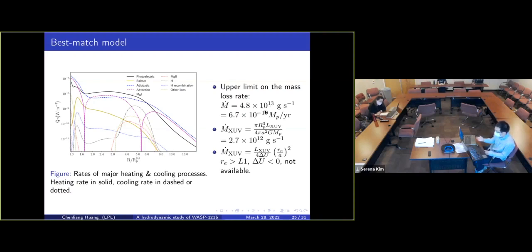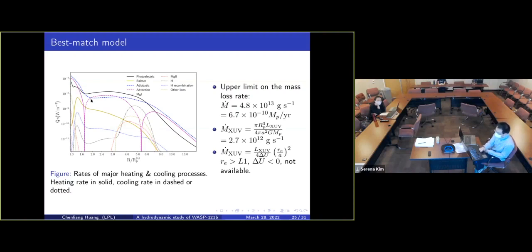Just changing the radius by half sigma, a little bit over 1%, the mass loss goes from 10 to the 14 to 5 times 10 to the 13. And because I reduced the Lyman continuum flux, this number decreases. Again, the peak heating is outside the Roche lobe, so this method does not make sense.